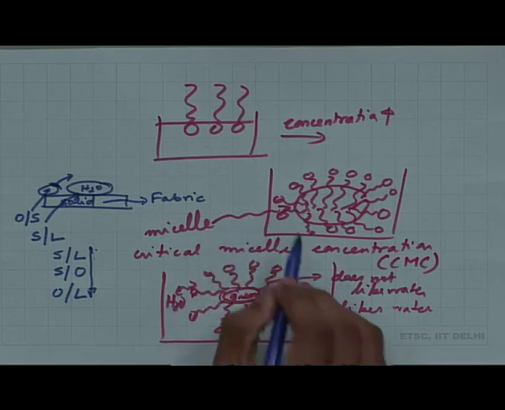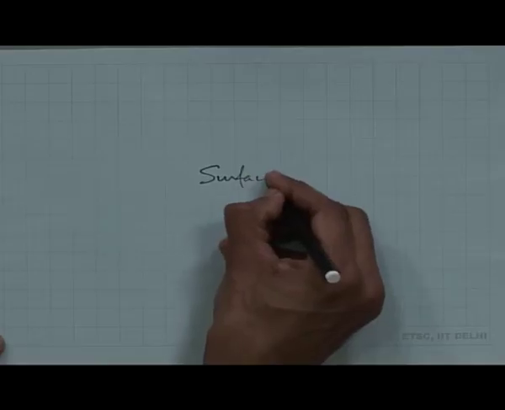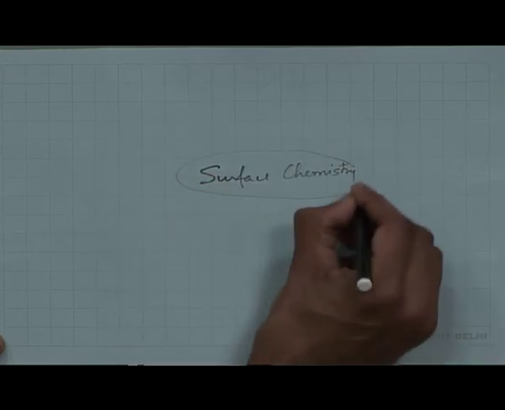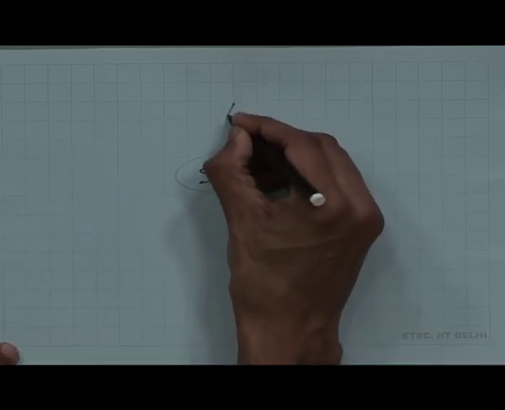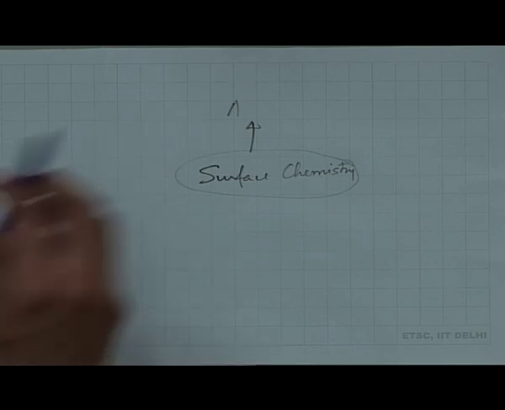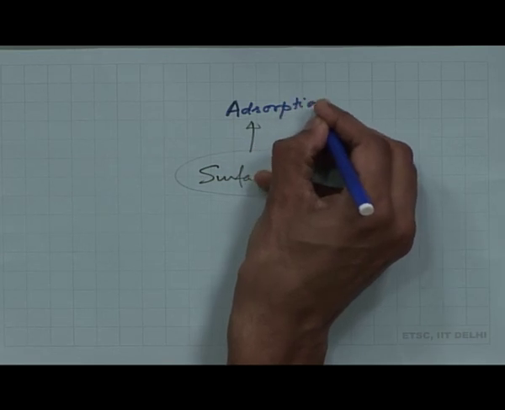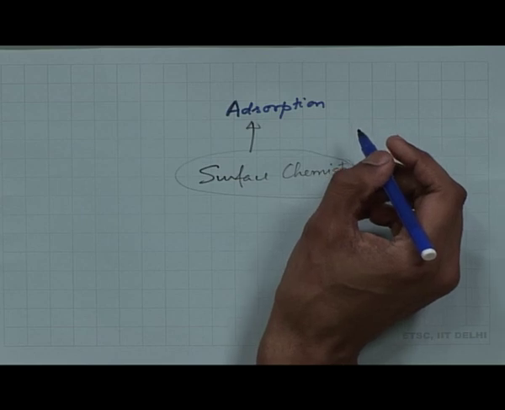With this, I think we will conclude our discussion on surface chemistry, and I will just summarize what we have learnt. The surface chemistry we have discussed has primarily focused on three things. We focused on adsorption, the initial portion where we discussed the Freundlich isotherm and things of that nature.